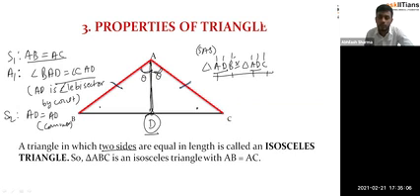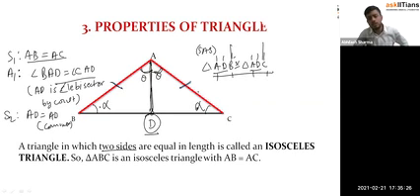So by SAS we have concluded this. By CPCT we can say angle B will be equal to angle C, hence proved. So this is the way we can easily prove that in an isosceles triangle the opposite angles will also be equal. So angle B equals angle C we have proved.